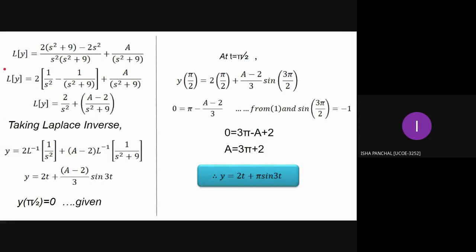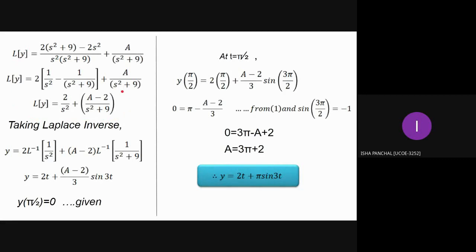So now taking s squared plus 9 common and splitting the terms, we get Laplace of y is 2 times of 1 upon s squared minus 1 upon s squared plus 9, plus a upon s squared plus 9. Now taking s squared plus 9 from the denominator common, we get Laplace of y is 2 upon s squared plus a minus 2 upon s squared plus 9.